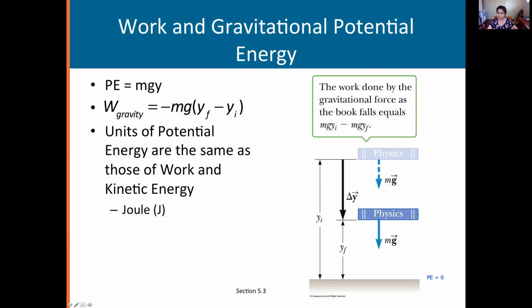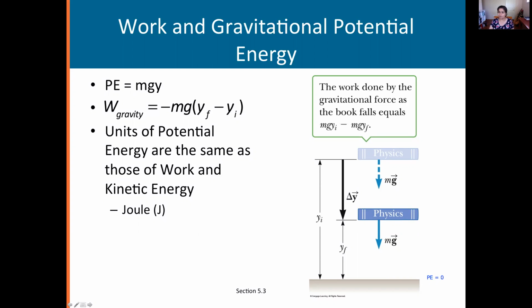Since it's a conservative force, we can recover all of that energy that went into doing the work. So mgy, or mgh, as the height is conventionally written as h. So you might see the formula mgh. In this example, it's mgy, y being this entire distance here. That's the potential energy for this book at this higher position.